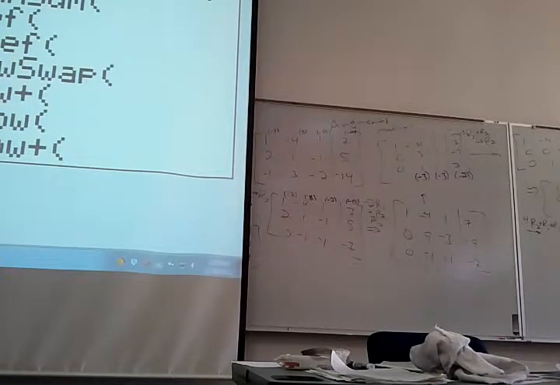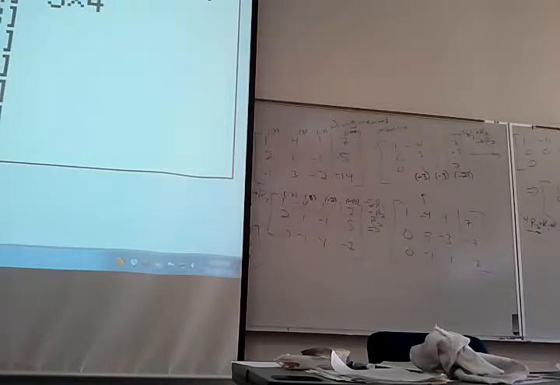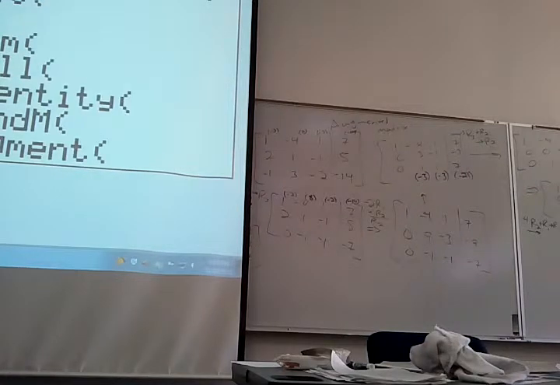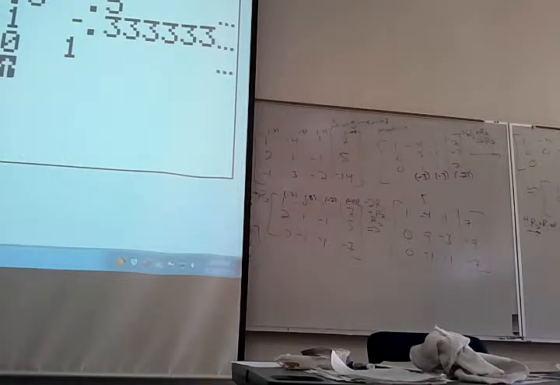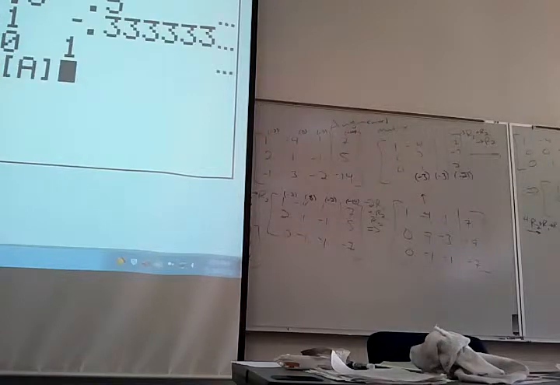And then go to matrix names. Pick matrix A. All right. What's up? Did I do it too fast? So go to matrix, math. A is the REF. Go to REF. And then you have to go to matrix and tell it which matrix you want to use. I want to use matrix A.